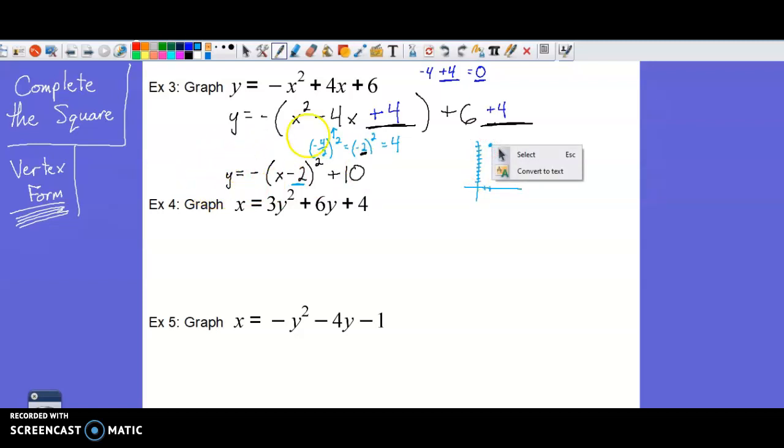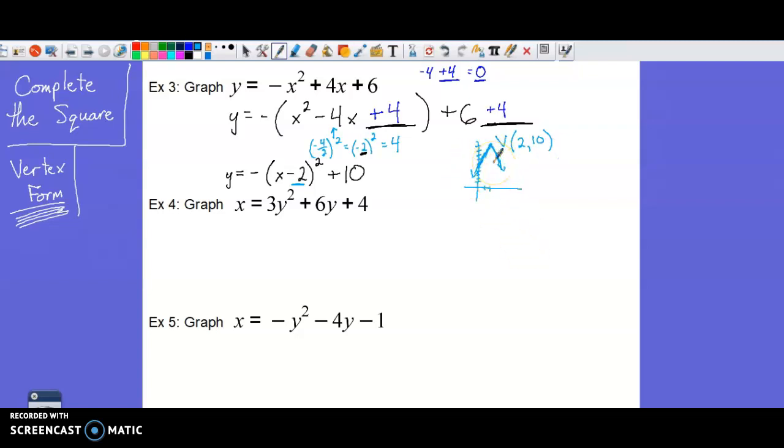And this negative in front is telling me that it's a downwards parabola. What I'm going to grade you on is that you find the correct vertex. That does not even look like a parabola, but the vertex needs to be at (2, 10), and I'm going to grade that it's downwards.